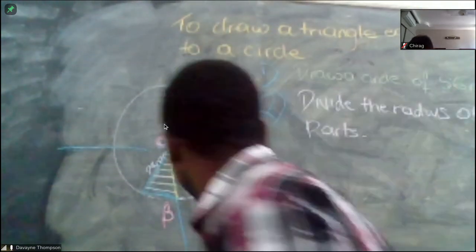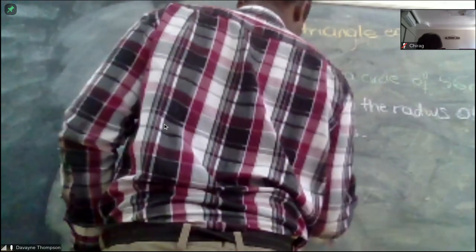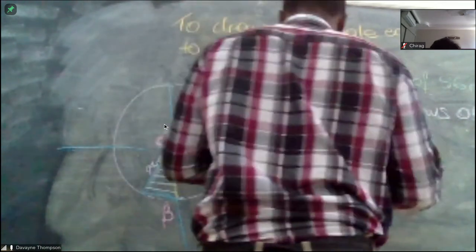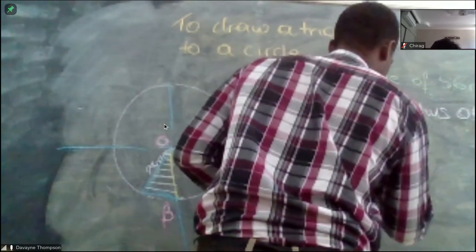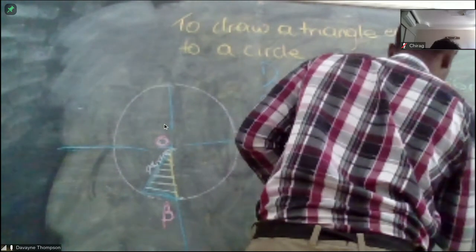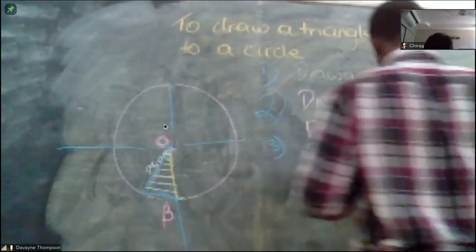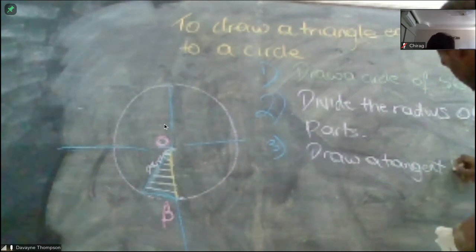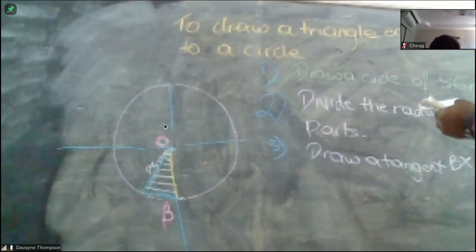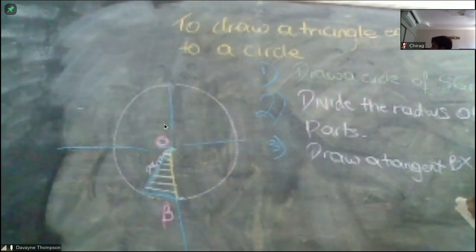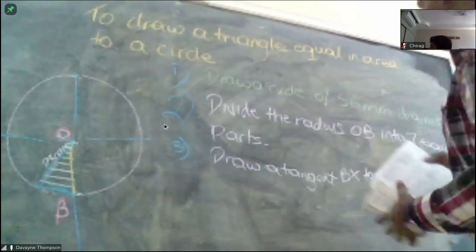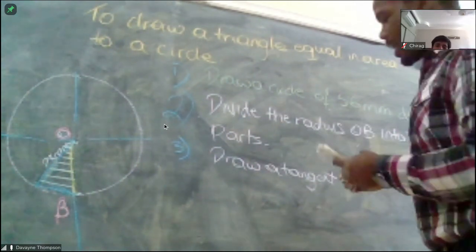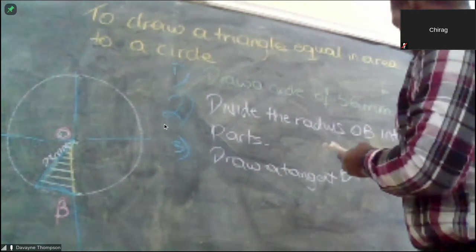After we've done that, step 3 would be to draw a tangent BX to AB.